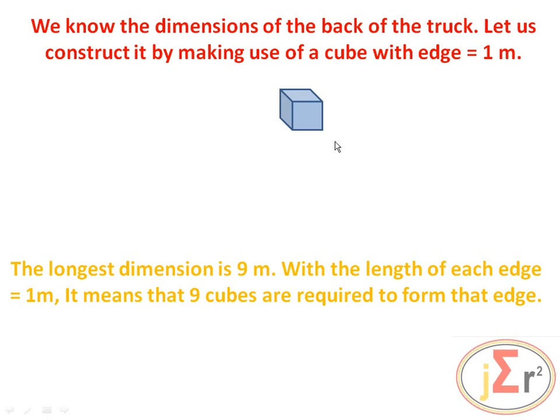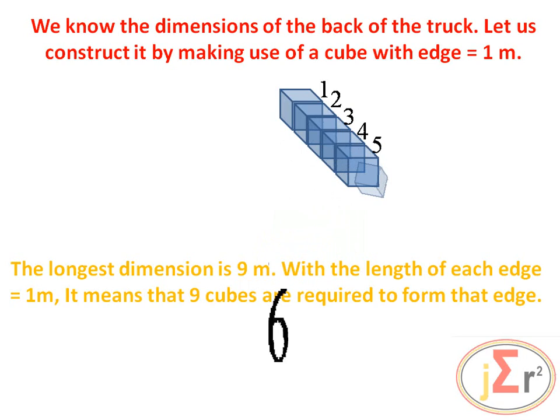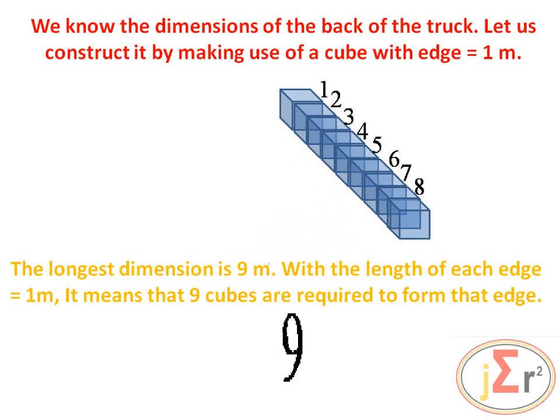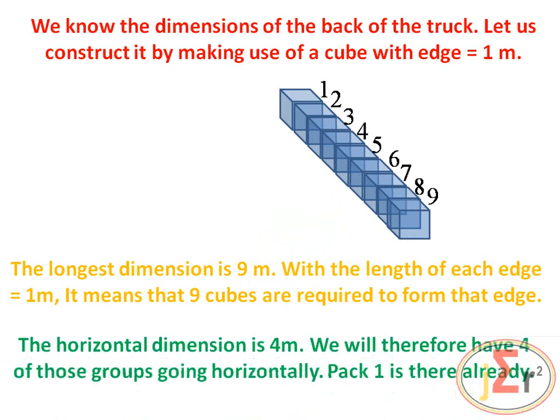That is the one that we are attempting to create at the moment. 9 meters. The edge of the cube is 1 meter, so we need 9 of those. 1, 2, 3, 4, 5, 6, 7, 8, 9. So that's the first dimension of the truck.